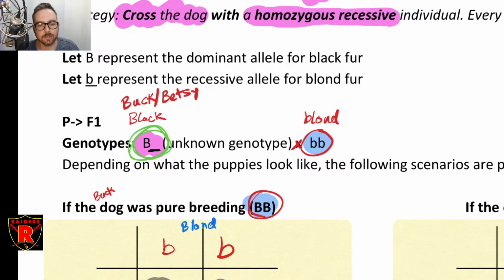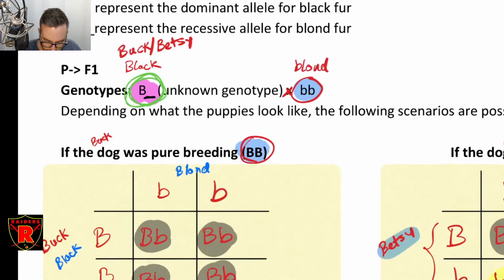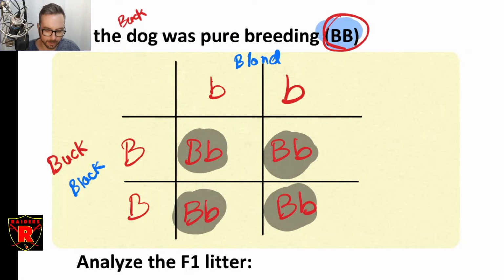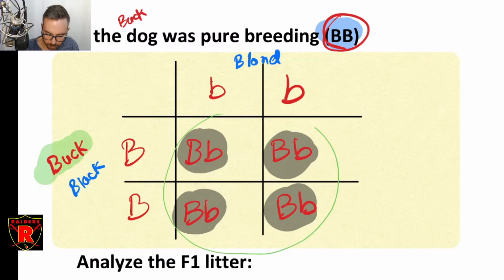Okay, so let's assume that the dog was an actual purebred. Okay, so this is the Buck scenario. I made Buck my purebred. Okay, so Buck is big B, big B. Well, if I cross big B with little b, which is the blonde, 100% of the time, every single time, I'm going to get a black dog.